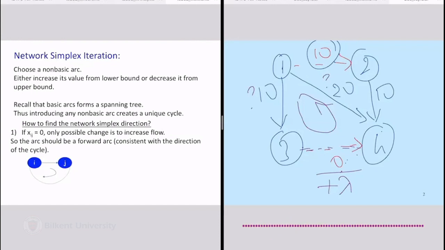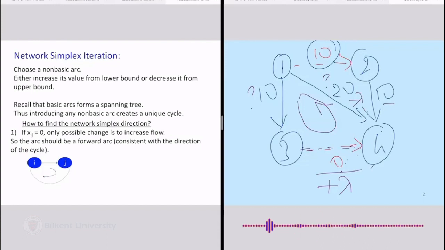If this is sending delta units to 4, 4 is also receiving from here and here, right? If delta is coming from here, this 2, 4 is not in the cycle, so it shouldn't be touched. But 1, 4 is in the cycle. So that means if delta is coming from 3, 4, 1, 4 should send delta units less, because 4 is requiring 40 anyway, right? So this one will be minus delta. 20 minus delta will be over the arc 1, 4.